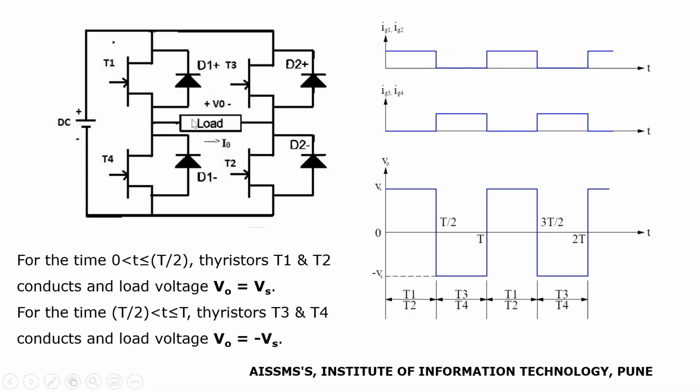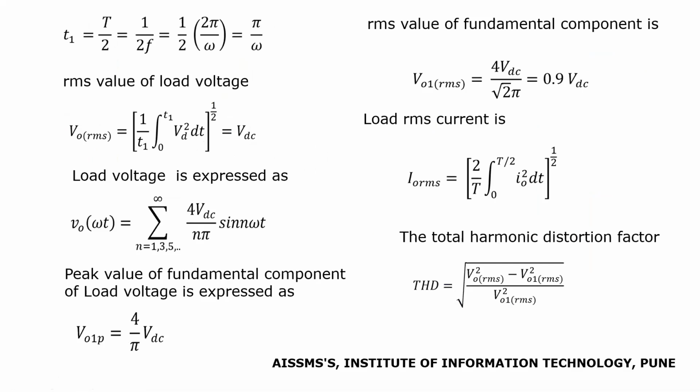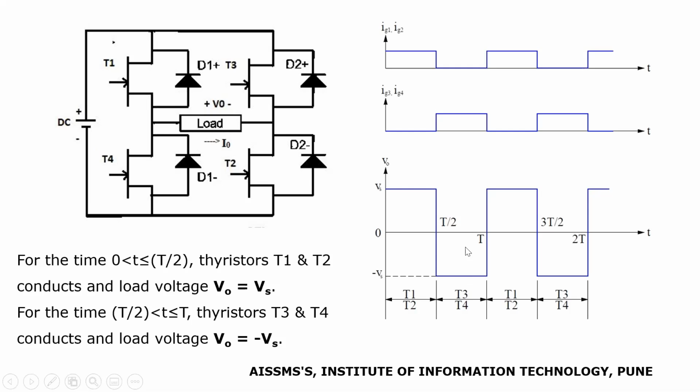As the energy is getting freewheeled during this particular period, these diodes are also called freewheeling diodes. Now the frequency of the output voltage depends upon the total time period T of one cycle of the output voltage. If we vary this time period, the frequency of the output voltage and hence the output current will change.